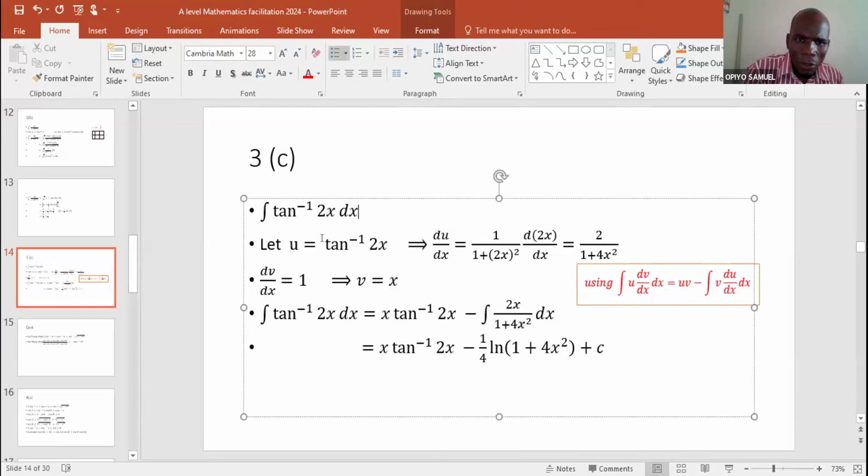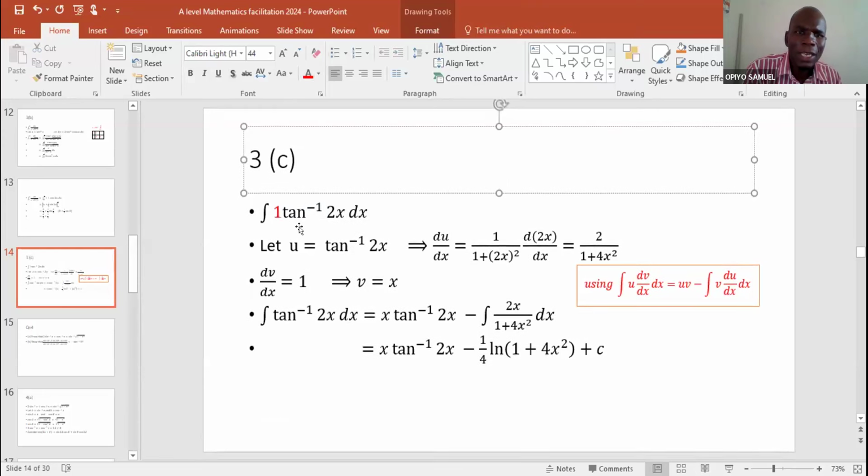Now, there's a silent one here that is not seen. So this function is yet a product. There is a silent one which we are not seeing, just before the tan inverse. See that one in red.